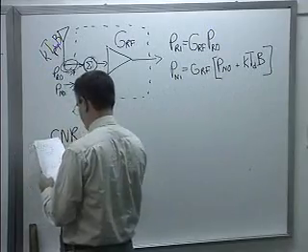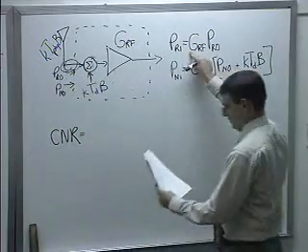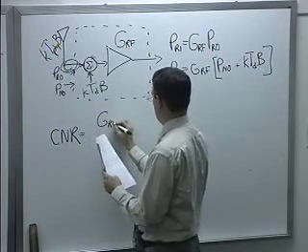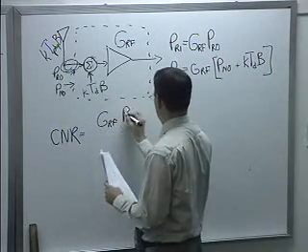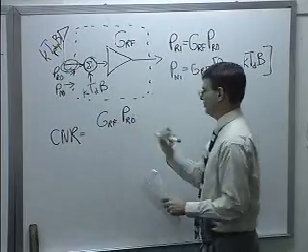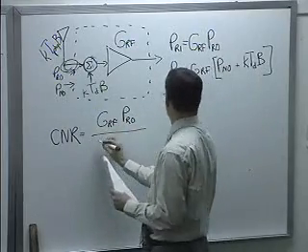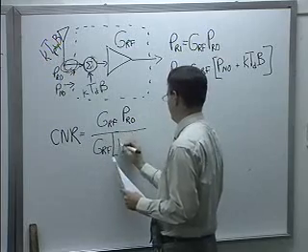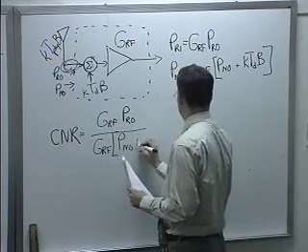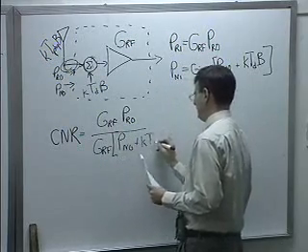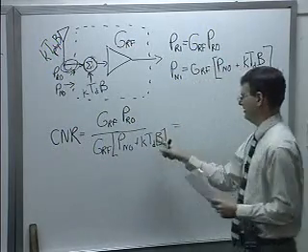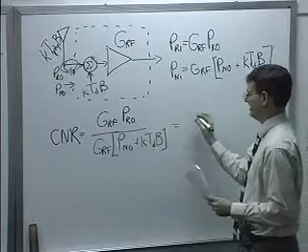CNR is equal to G RF over P R naught, my original received power, over G RF P N naught plus k T sub d B, bandwidth, device temperature, Boltzmann's constant.